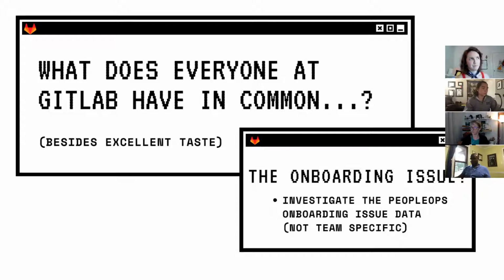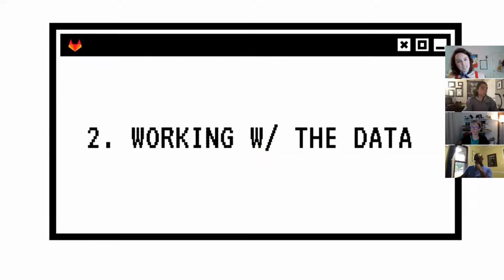So I thought, if I look at this information, there must be a way that I can look at open or hire date started, and then close date, and just kind of try and get a general view of not only how the onboarding issue performed, but also how the folks doing it ideally perform within the onboarding issue.